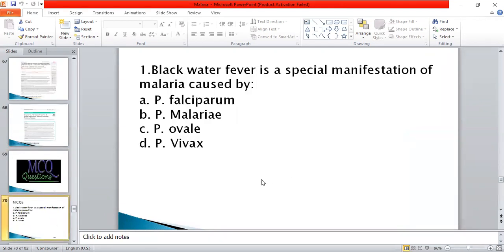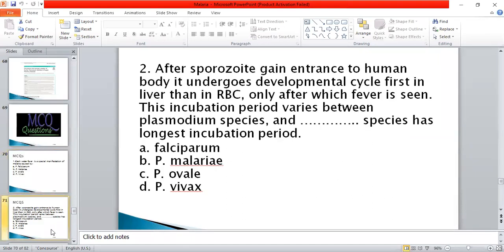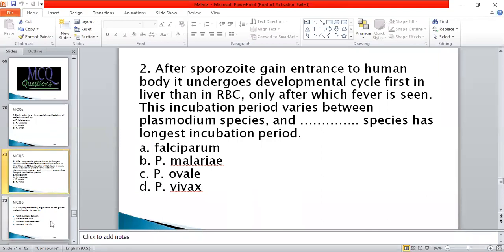MCQ session. Blackwater fever is a special manifestation of malaria. After the sporozoite enters the human body, it undergoes a developmental cycle first in the liver, then in red blood cells, only after which fever is seen. This incubation period varies between plasmodium species, and one species has the longest incubation period.